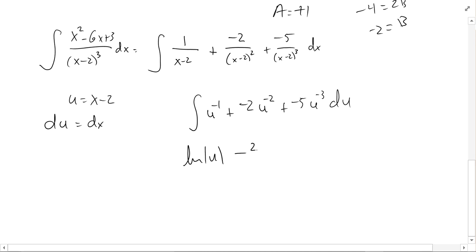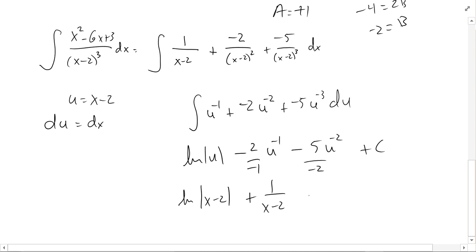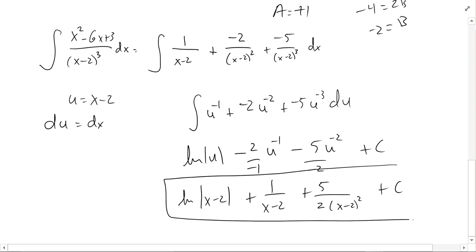For the next term, I'm going to add 1 to the exponent and divide by the new exponent, so negative 2 plus 1 is negative 1. Minus 5u to the negative 2 over negative 2, and then plus C at the end. So I'll get the natural log of x minus 2 plus 1 over x minus 2 plus 5 over 2 times x minus 2 squared plus C. And that will be our antiderivative.